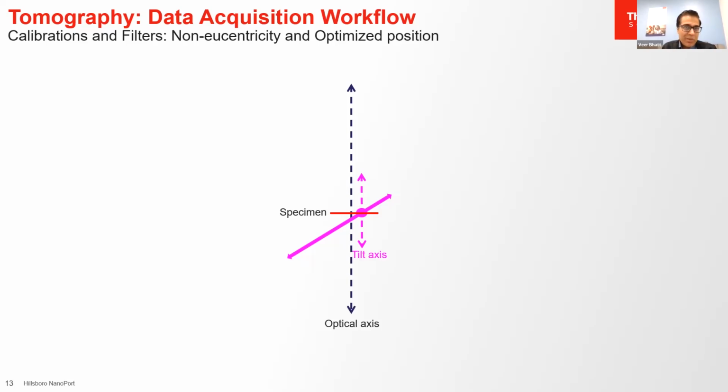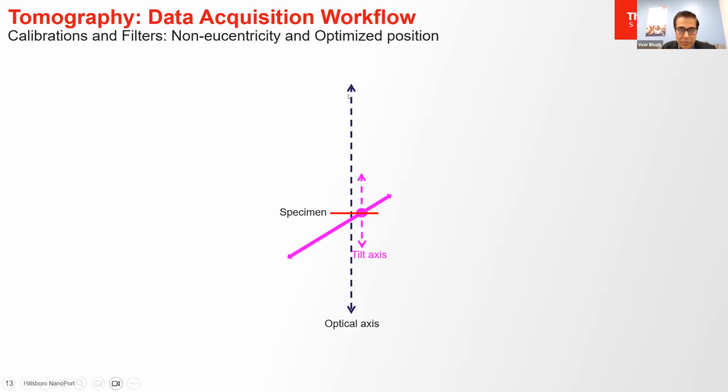And no system can be engineered or manufactured to be perfectly eucentric. So that's one intrinsic source of non-eucentricity. And in addition to that, there is also the offset between the tilt position. This is the axis looking down the screen where our sample will be tilted.